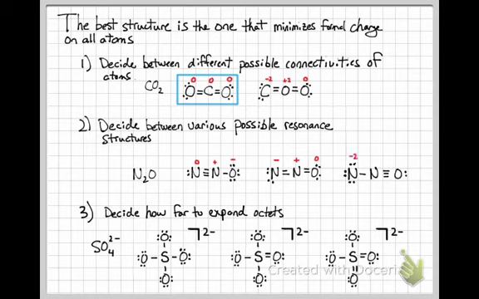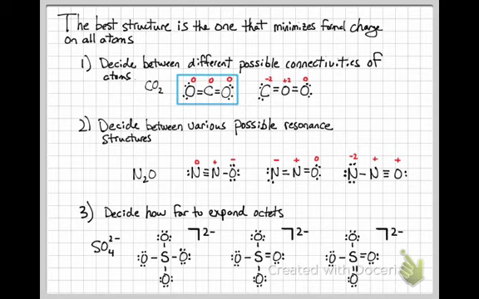In the final structure, we have -2 on nitrogen, a +1 on the central nitrogen, and then a +1 on the oxygen on the right. Therefore, for this structure, which has by far much higher formal charges than the other two, that structure we can rule out as being less desirable.